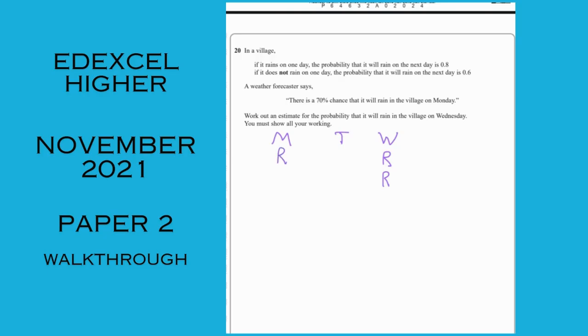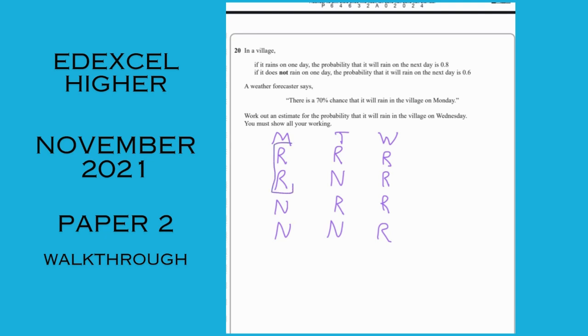Well, it could go rain, rain, rain, not rain, not rain, rain, not rain, not rain. And Wednesday. So they are the 4 possibilities. Now you can't just work one out and multiply them by 4 because they are dependent on what's happened the day before. So the values do change. So you've got to puzzle it through one step at a time.